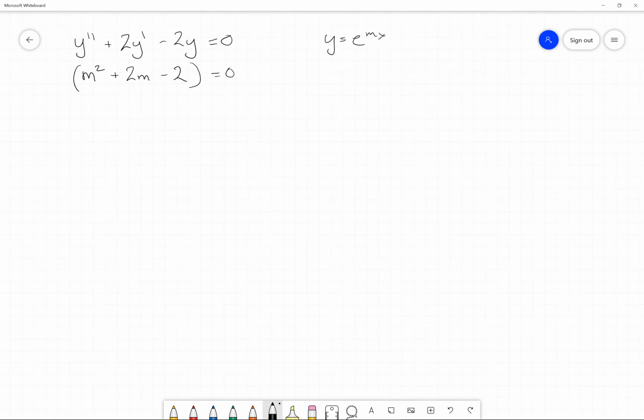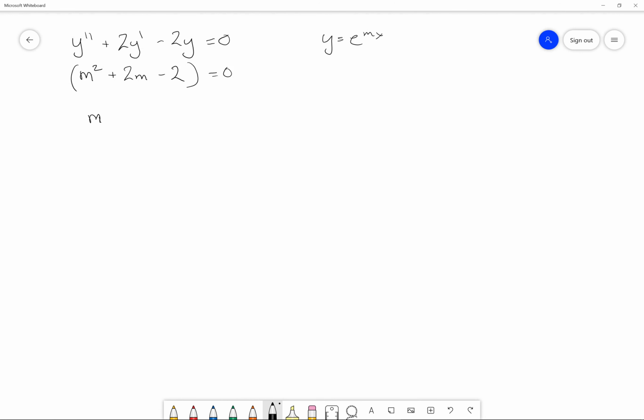It's m equals minus b, so minus 2, plus or minus square root of b squared, so that's 2 squared, minus 4 times a, which is 1, times c, which is negative 2, over 2a, which is 1.